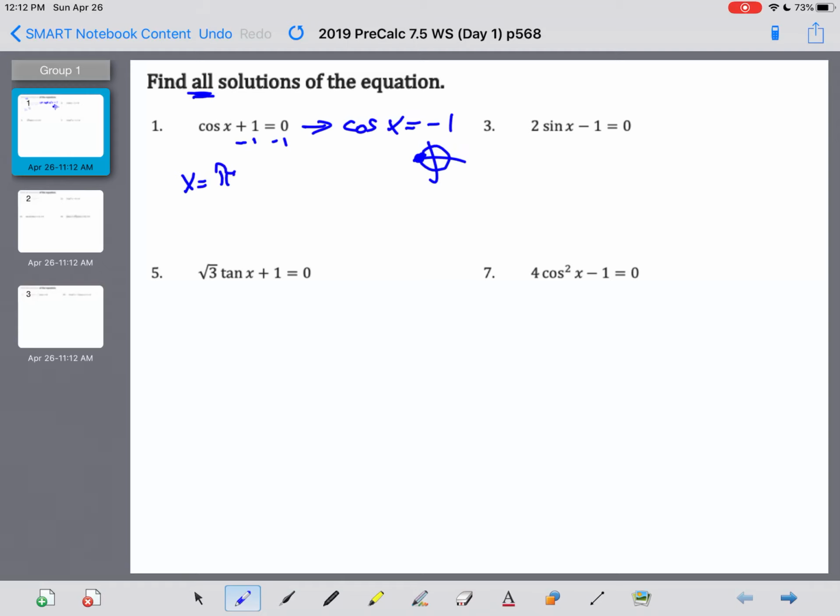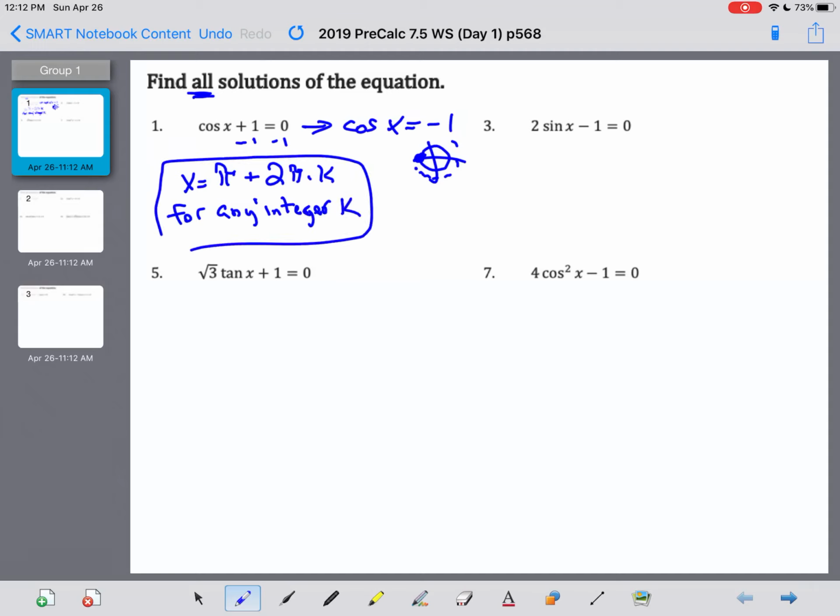And if I go around 360 degrees, that's going to be 2 more pi. And we can do that k times, where k is any integer. We'll just add that for this one, for any integer k. So this whole thing is my answer.